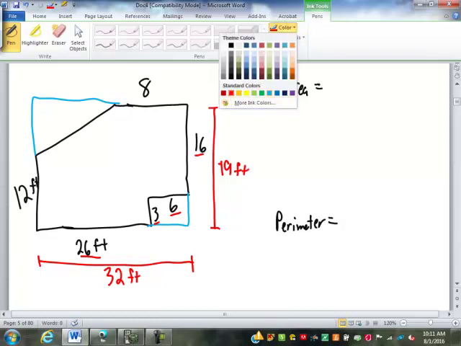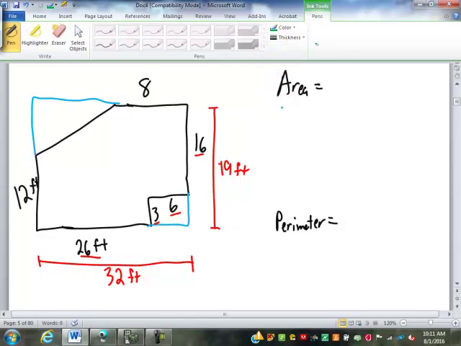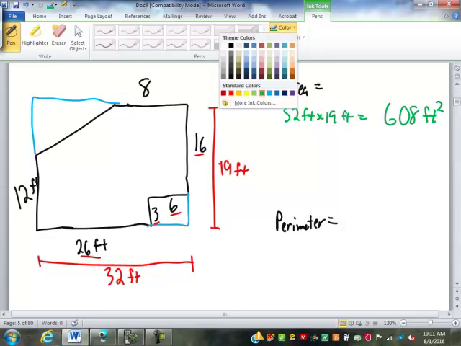So that makes the area of that whole thing 32 times 19, which is what, 288? Is that right? Yeah, 608. Wow, I'm way off today. I told you mental math is probably not something I should do today. 608 square feet. It's a Monday, you're right.